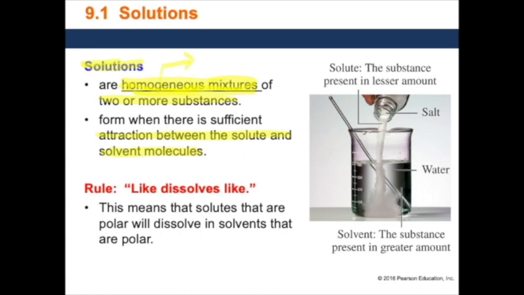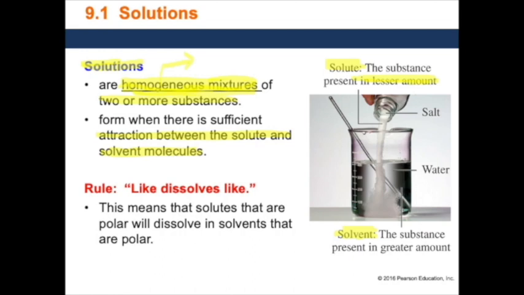Now, regarding the composition of a solution, it basically consists of two major components. One is called the solute and the second is called the solvent. Solute is the substance which is present in the lesser amount. That's the very simplest definition of the solute.